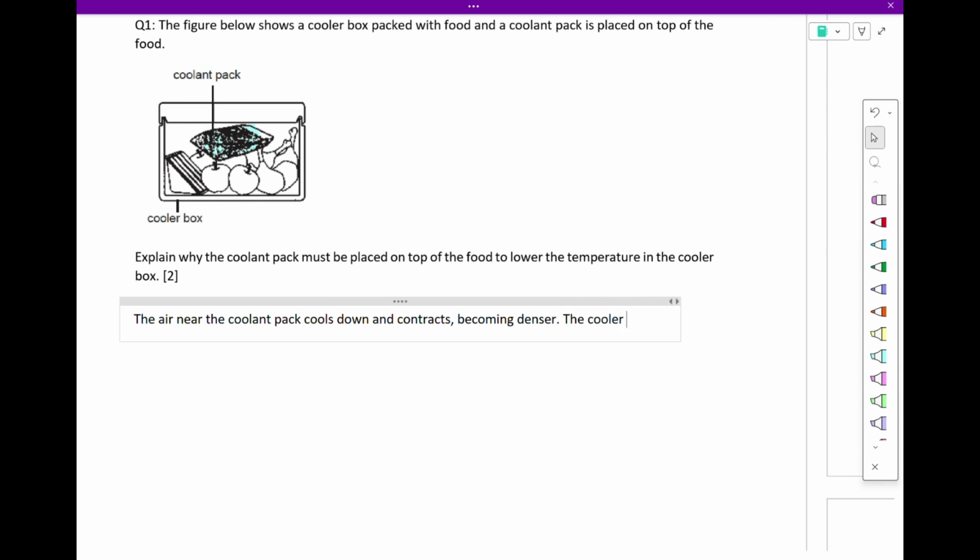The cooler and denser air will sink to the bottom, while warmer and less dense air at the bottom will rise up to replace the cooled air.